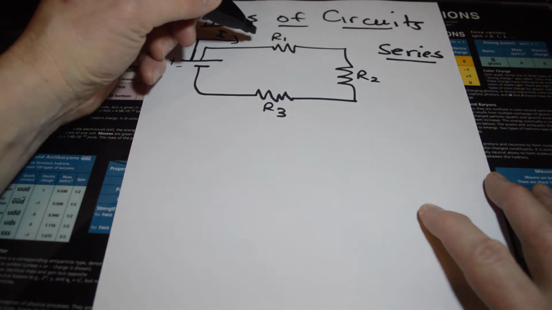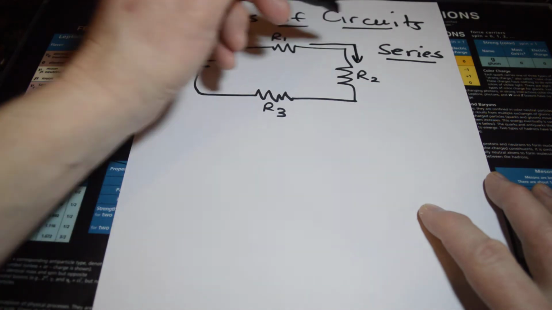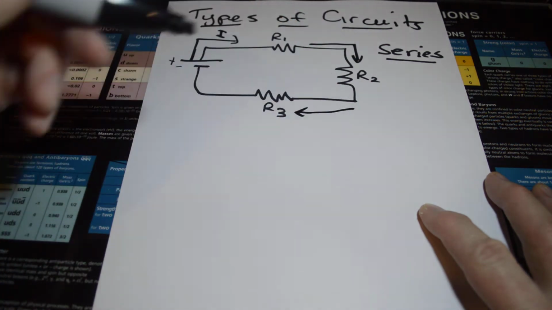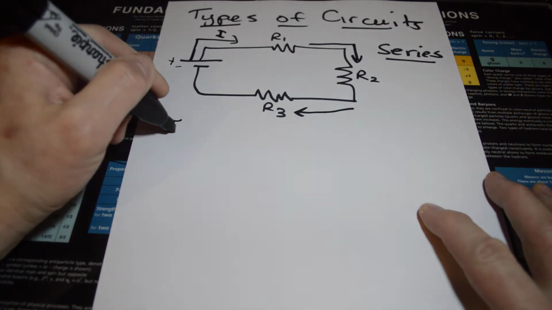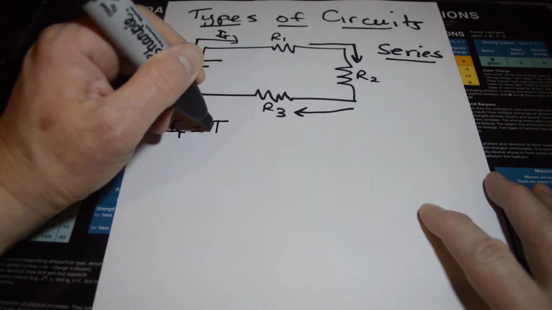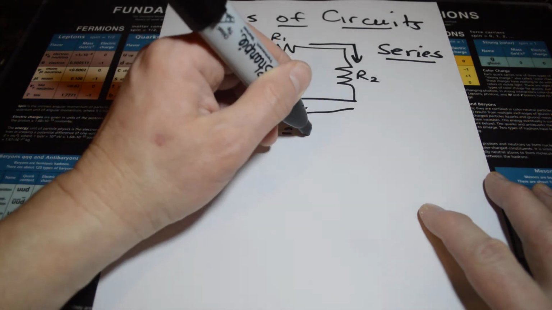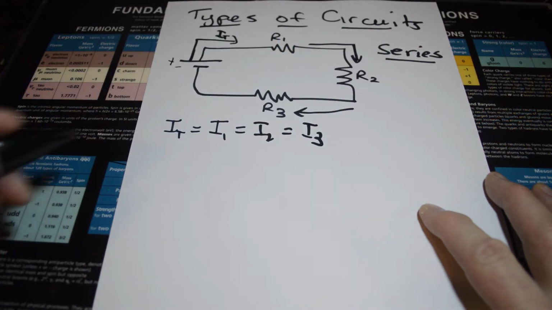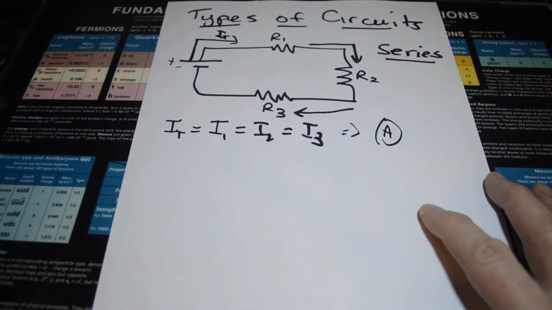And notice that there's nowhere for it to go but straight through R1, and once it goes through R1, it's going to go through R2, and then it's going to go through R3. And the idea is that it's going to stay the same since there's only one pathway. The total amount of current that comes out of that power supply is going to be the same as what it is for the first resistor or the second or the third. Therefore, if you put an ammeter anywhere, it would read the same.